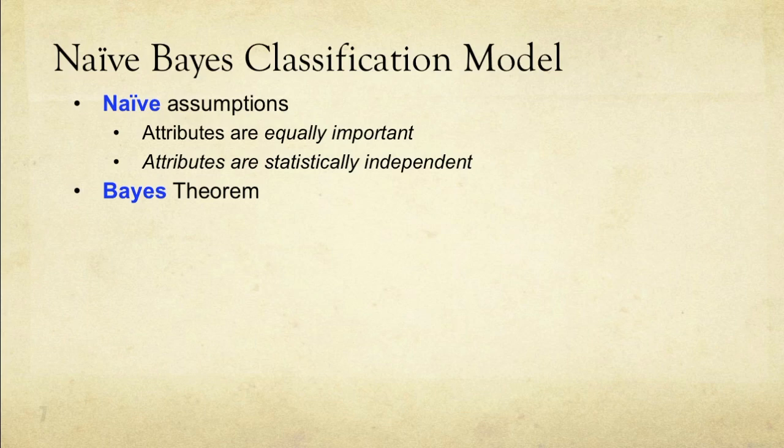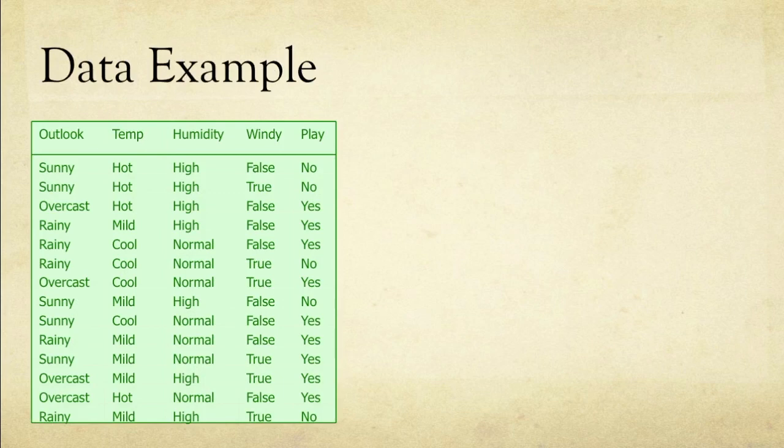For example, in this weather data, we can see clearly that humidity and temperature are dependent. High humidity is often associated with high temperature, so the independence assumption is clearly violated here.